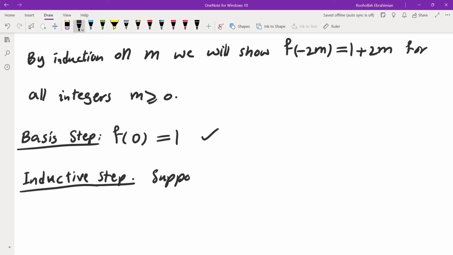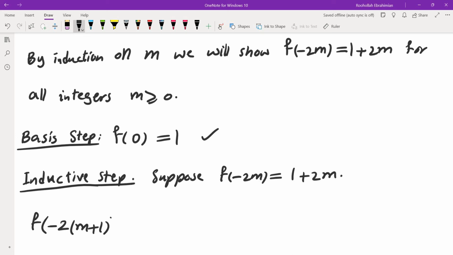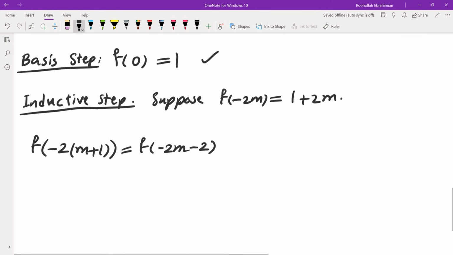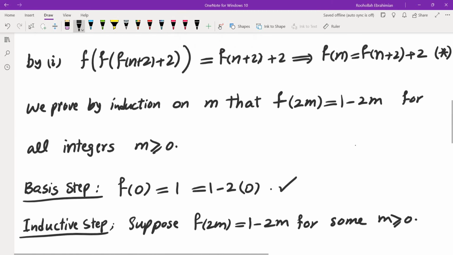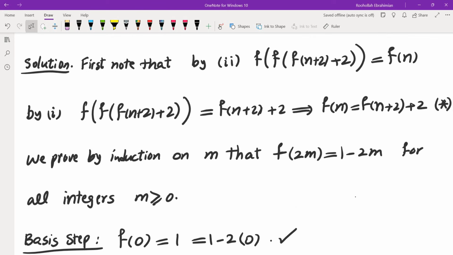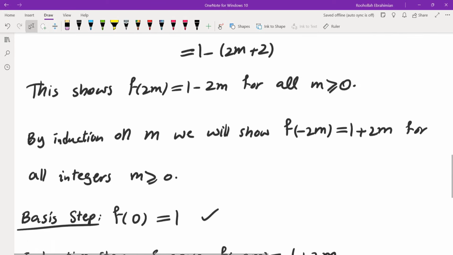Suppose you know f of negative 2m. That's equal to 1 plus 2m. If you look at f of negative 2 times m plus 1, that would be f of negative 2m minus 2, which is going to be, this is by star. You can write it down as if n is negative 2m minus 2, n plus 2 becomes negative 2m.